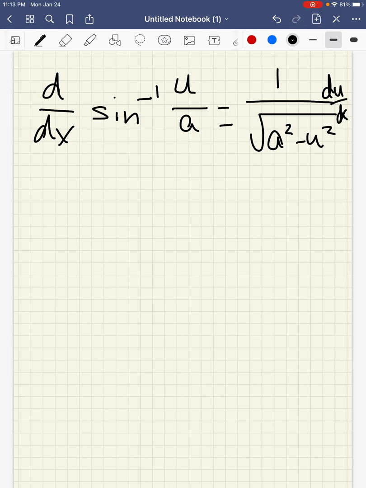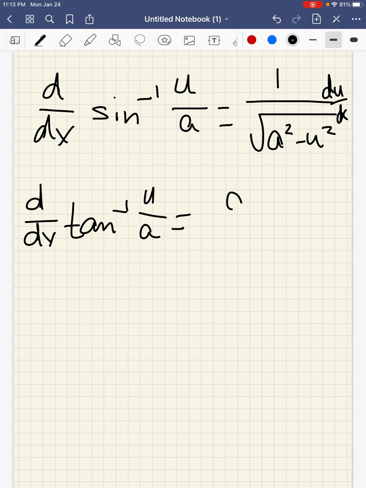And d dx of inverse tan of u over a is a over u squared plus a squared, times du dx.